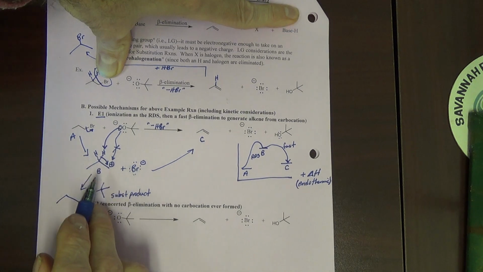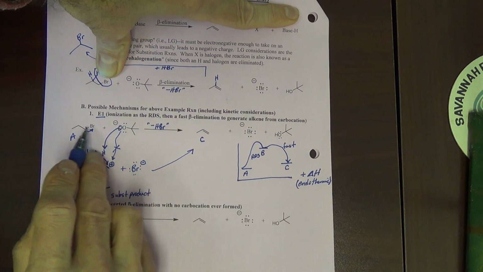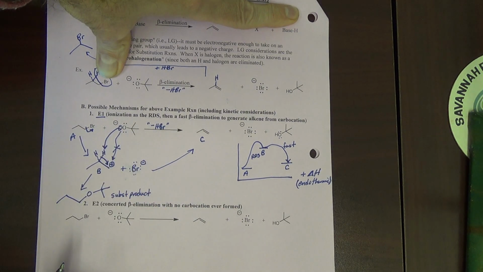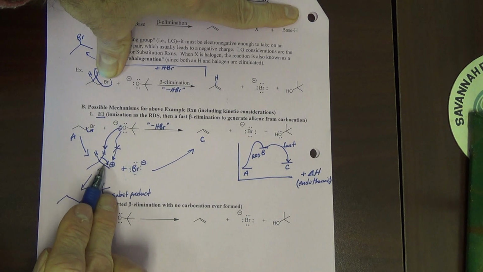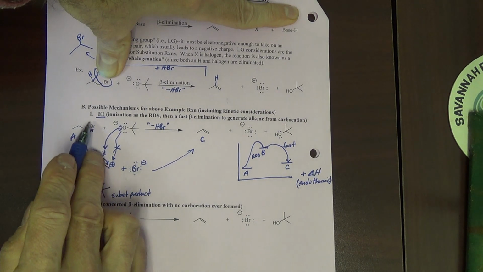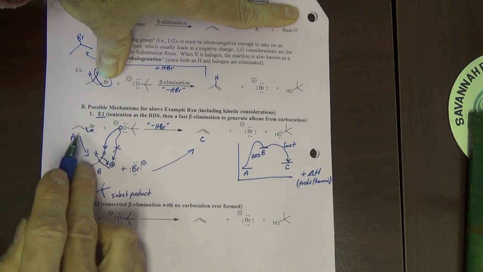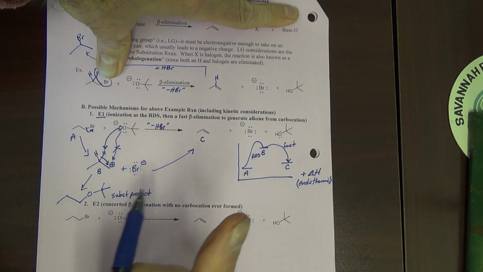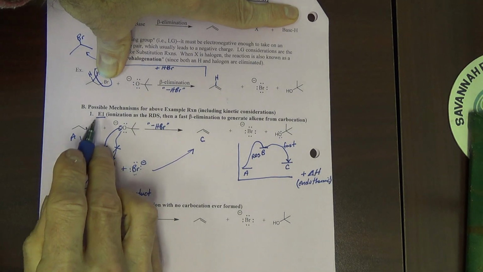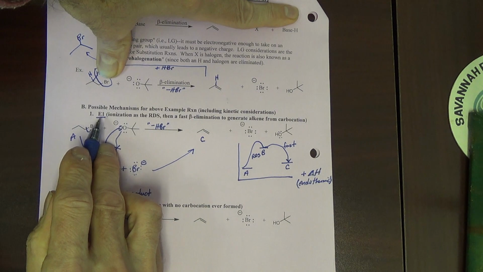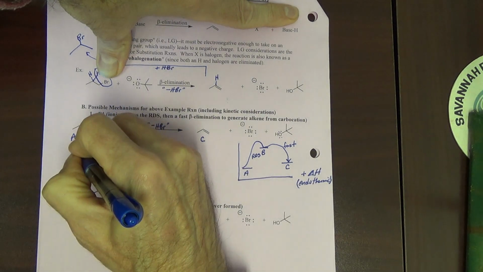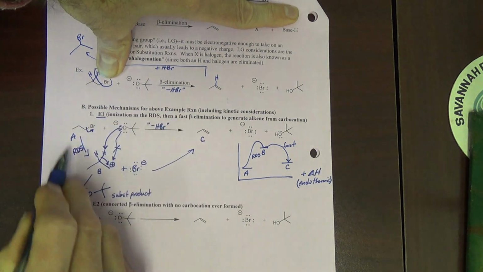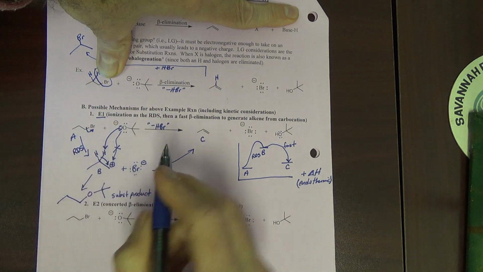Okay, why is it called E1? Well, of the 2 substrates, how many are involved in the rate determining step? Well, the rate determining step only involves ionization of the alkyl halide, the leaving group leaving. Okay? The base is not involved in the rate determining step. Only 1 molecule is, and thus it's an elimination unimolecular.